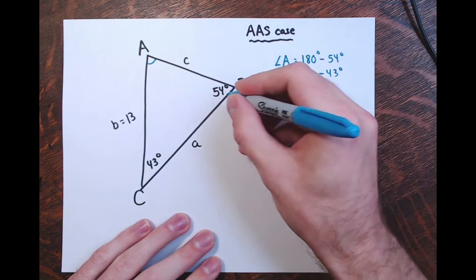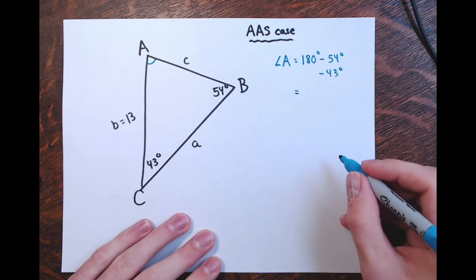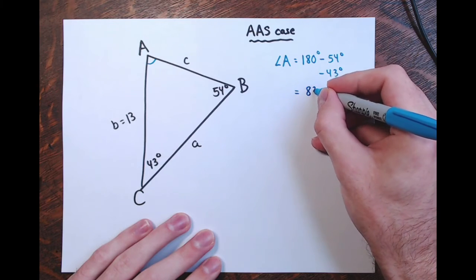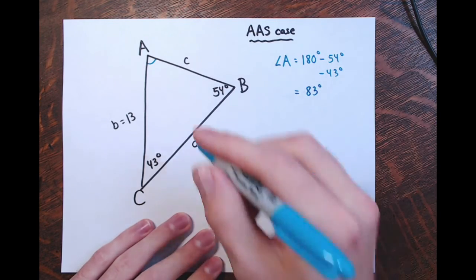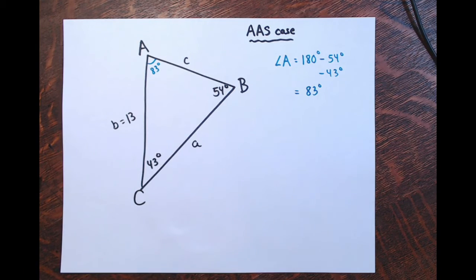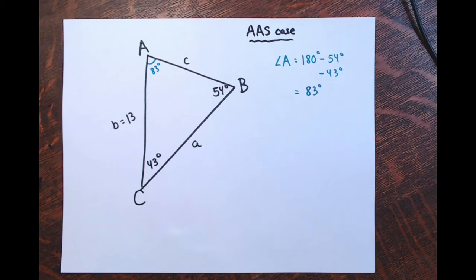Now 54 and 43 make 97, so angle A needs to be 83 degrees for all three to add up to 180. You can double check by adding them up. This is the case also for ASA triangles: you'll have two angle measures, so you can easily find the third.